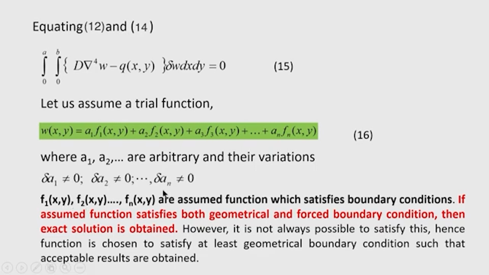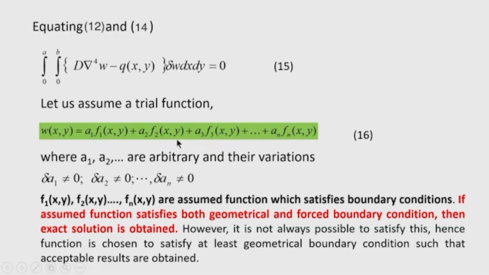So, now substituting this we can write the expression of delta w, variation of the displacement. Delta w will be f1(x,y) into delta a1 plus f2(x,y) into delta a2 plus f3(x,y) delta a3, like that f n(x,y) delta a n.